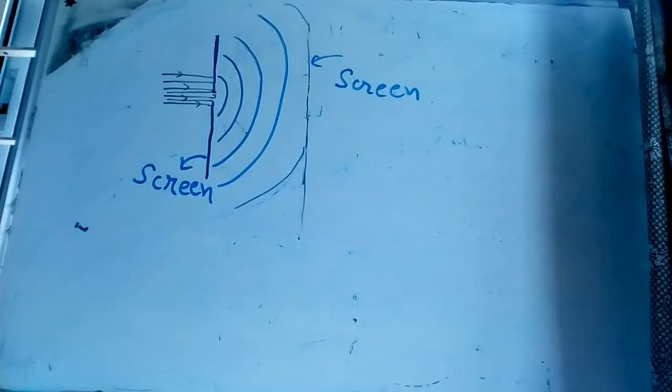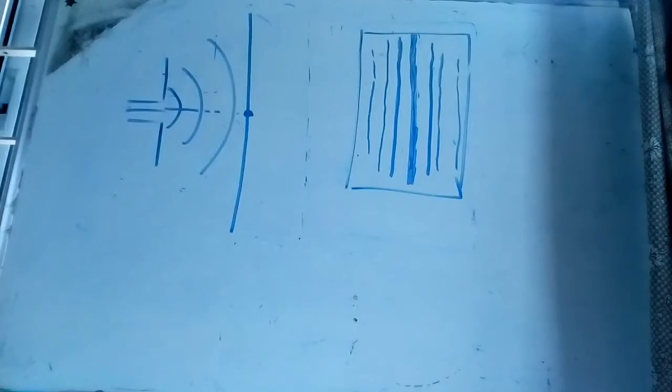Now we'll discuss the pattern of light after diffraction. Just relate both figures. The left-hand figure is the wave figure of diffraction through the slit.